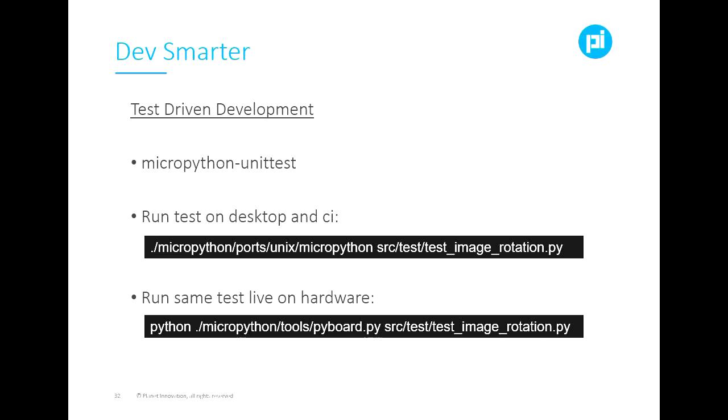So most of us have probably been told for a long time we should be doing test-driven development. It never really stuck with me on the desktop. However, on MicroPython, compared to other embedded development approaches, it's shown itself to be incredibly efficient, largely thanks to the Unix port working alongside the STM port in our case and the other embedded ports.